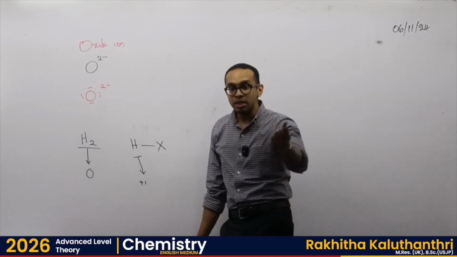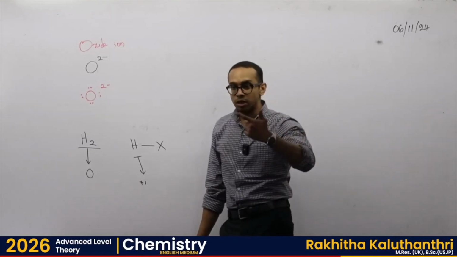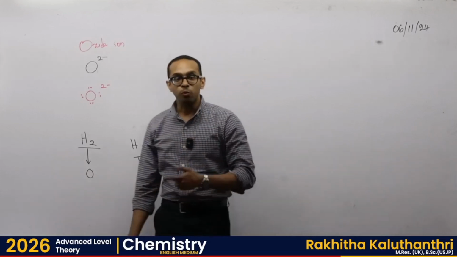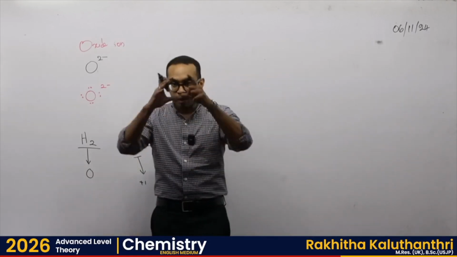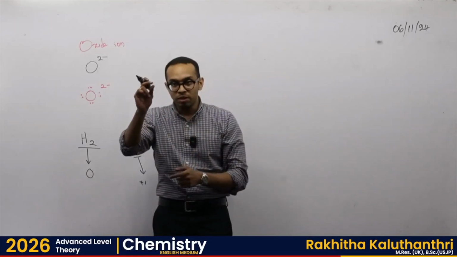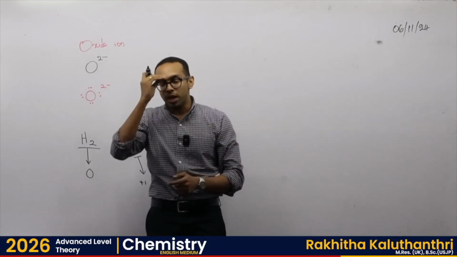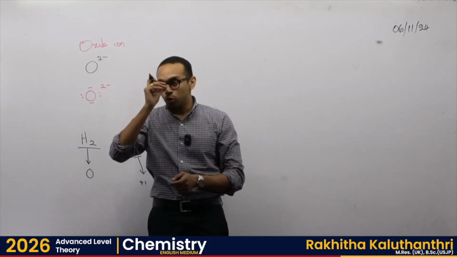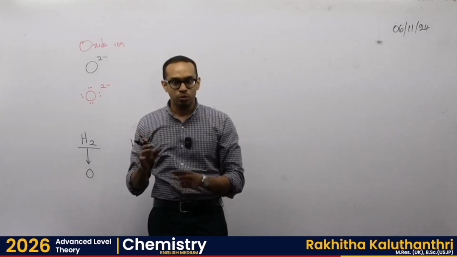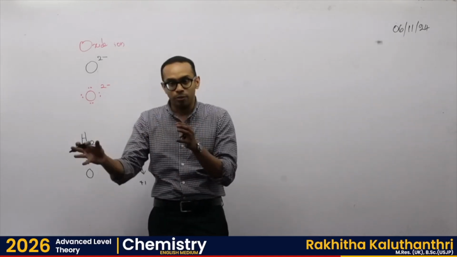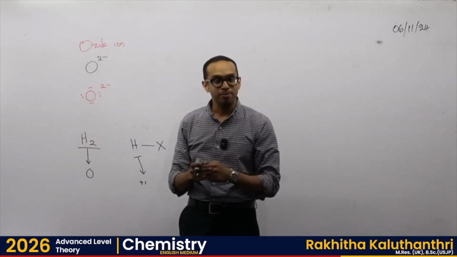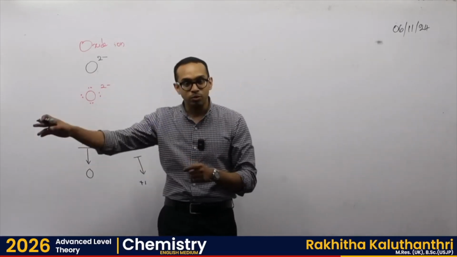They are there to release electrons. They are dying to release electrons. That's why they are very reactive also. Sodium is very reactive. Why is it very reactive? Because there's one electron in the outermost energy level. It is waiting to get rid of it, because if it is rid of it, then it forms a noble gas electronic configuration. So sodium is waiting to release that electron. So sodium is very unlikely to take an electron. Instead, it is always releasing electrons.